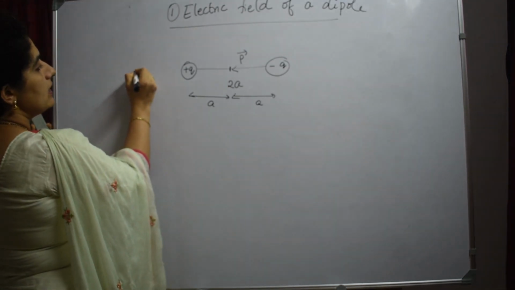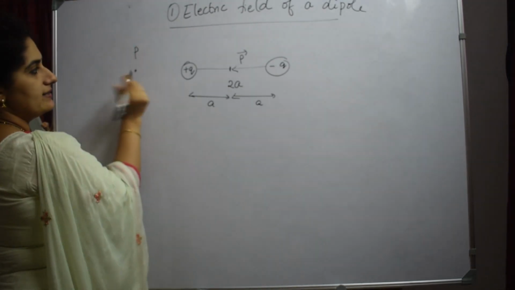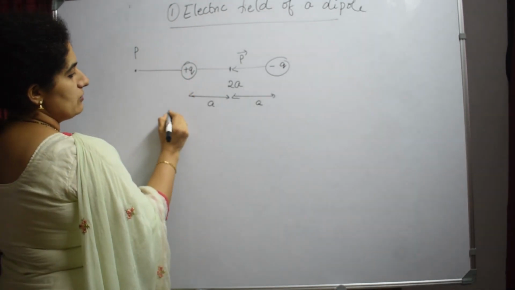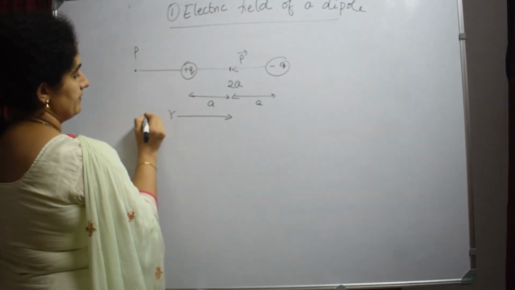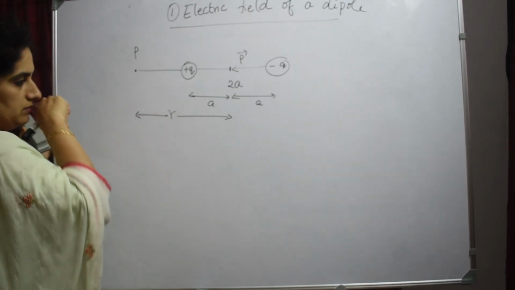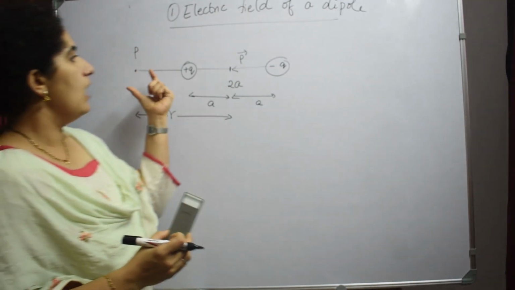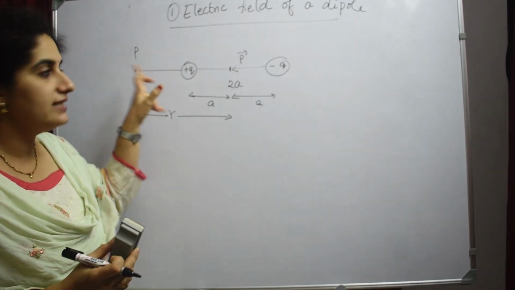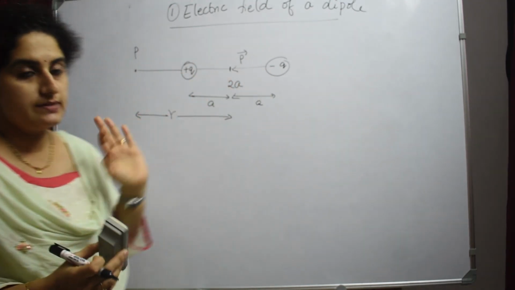Now, I want to find out the electric field at this point P, which is at a distance of r from the center. How will I find this? Total electric field due to these two charges.